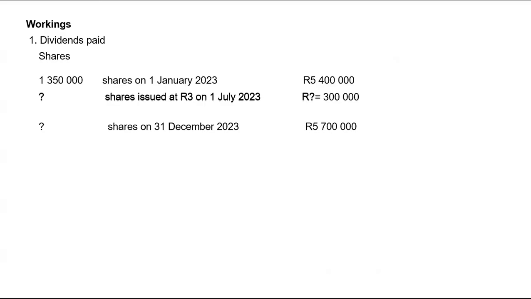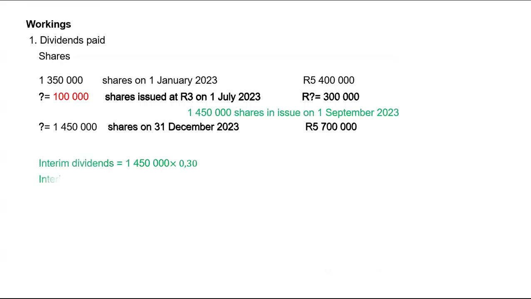How did I get that 300,000? It's 5.7 million minus 5.4 million. Then you divide that 300,000 by 3 Rand, and it'll give you 100,000 shares. So in total, there were 1,450,000 shares in issue after July, and they remain the same until the end of the year. So I'm going to take that 1,450,000 and multiply by 30 cents. That'll give me my interim dividends of 435,000.